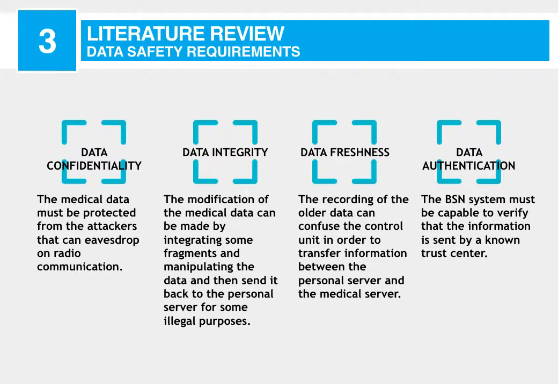The next one is data integrity. Patient's sensitive information shouldn't be altered or changed. The next one is data freshness. There should be a clear distinction between old data and fresh data. The next one is data authentication. A BAN should verify the authentication in an efficient manner.